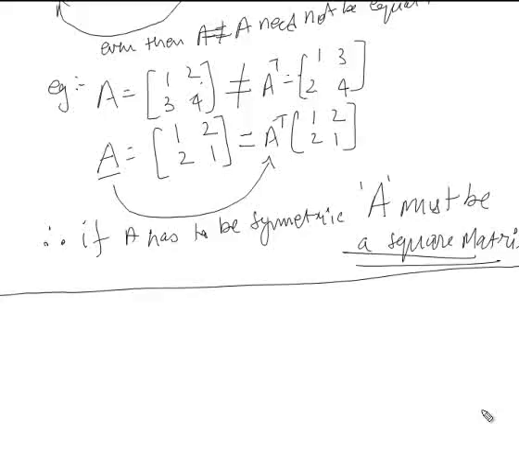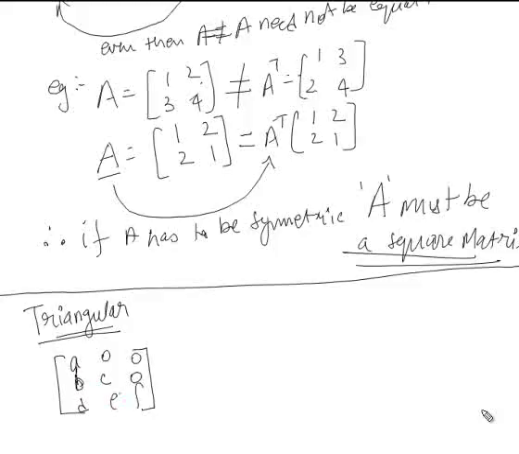Then we will discuss something called triangular matrix. If I have a matrix like this, or I can say I have a matrix like this.